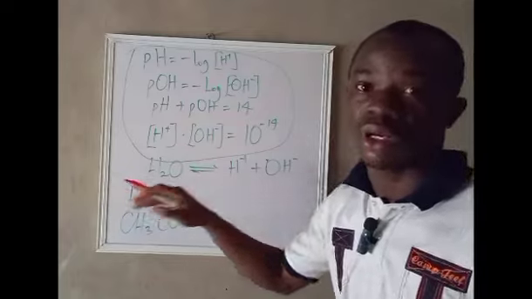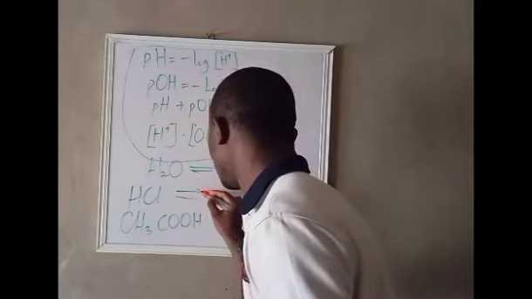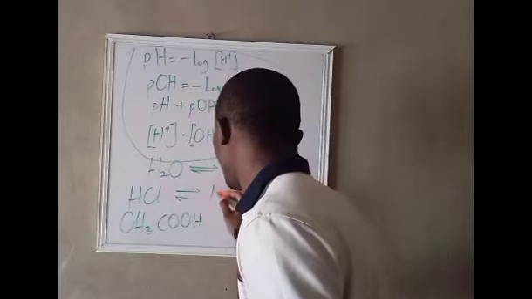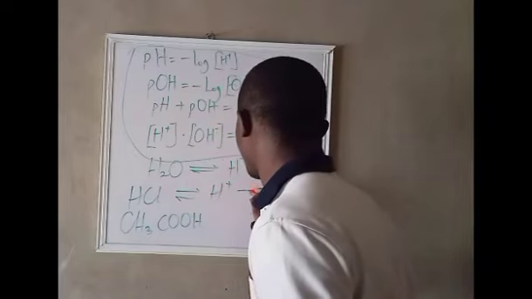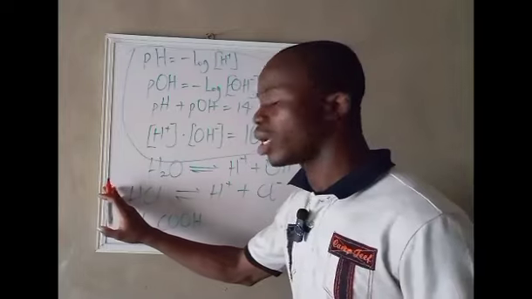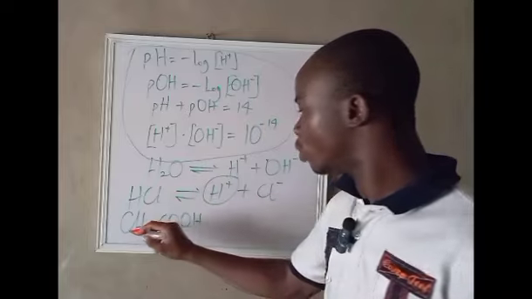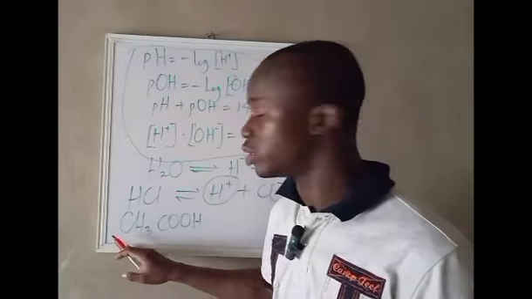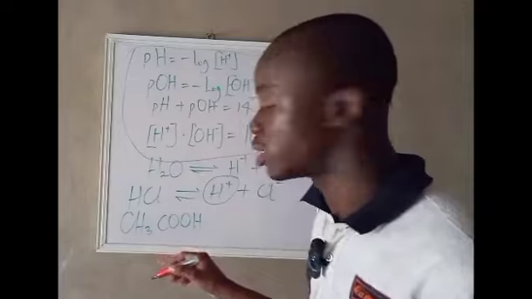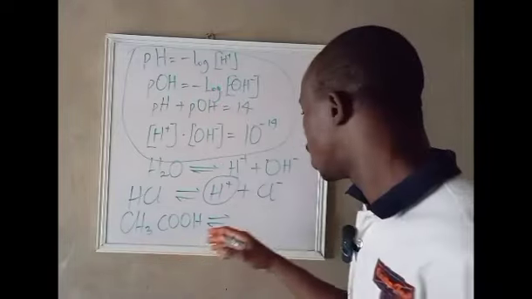HCl is a strong acid, so when it dissociates, it will give all its H plus, and then we also have Cl minus. So HCl as a strong acid gives all its H plus, but ethanoic acid, which is also acetic acid, does not do that because it is a weak acid.